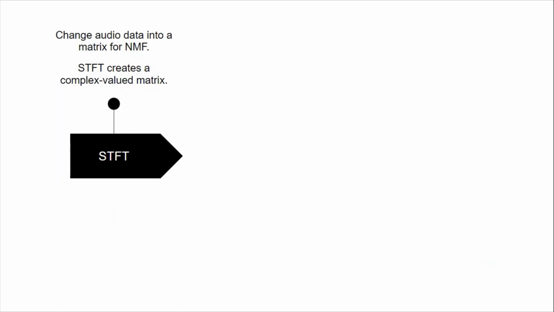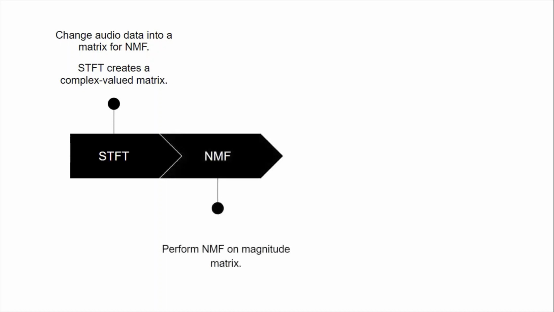The spectrogram tells you the intensities of different frequencies activated as a series of time. I'll show that later. So you transform the audio signal into a matrix using the short-term Fourier transform. Then you can do the non-negative matrix factorization.